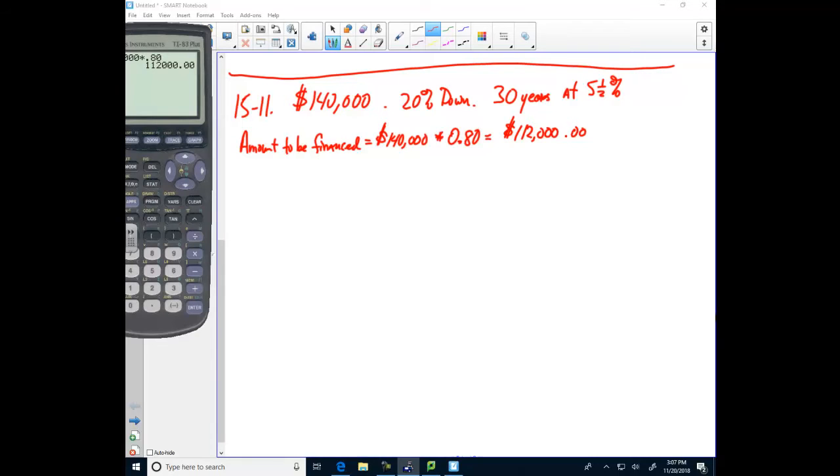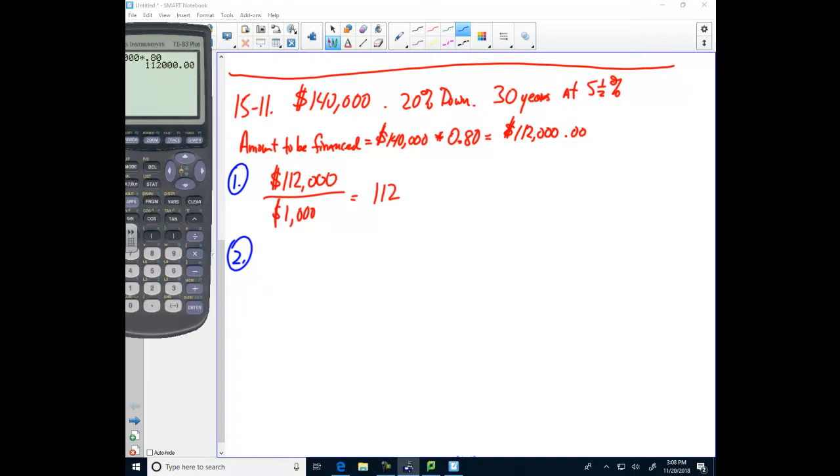This is the official step one, although I don't know why they didn't put calculating the amount to be financed as step one. So step one is divide the 112,000 by 1,000, and you should get 112, don't you? Yep. Okay. So that's step one.